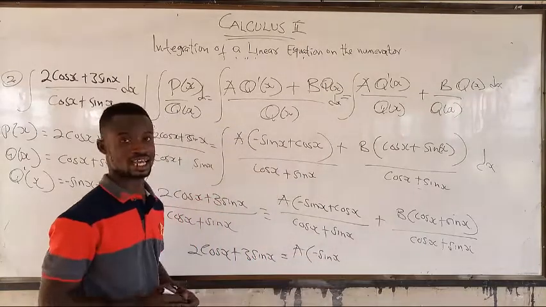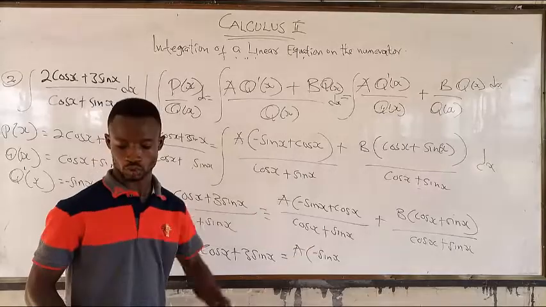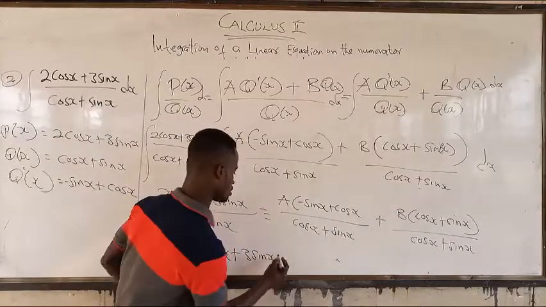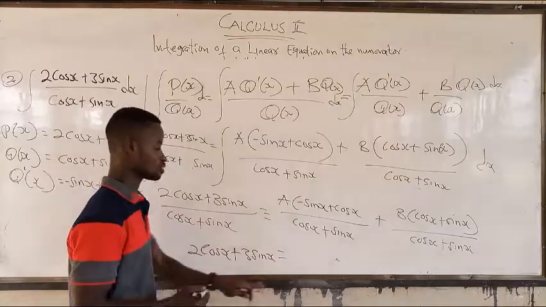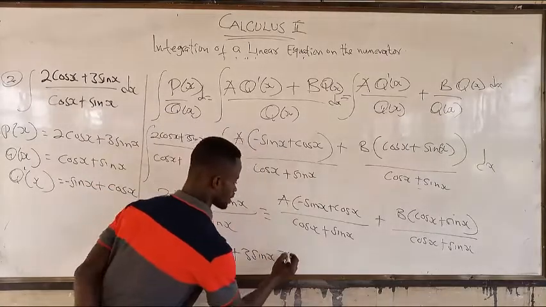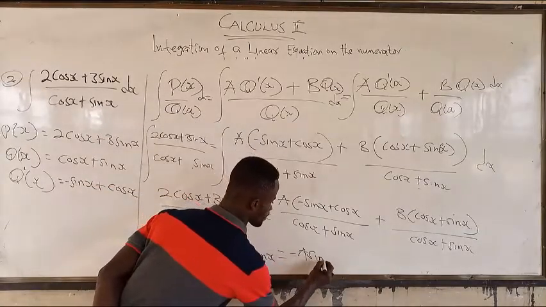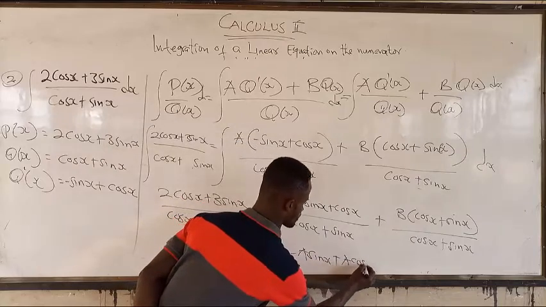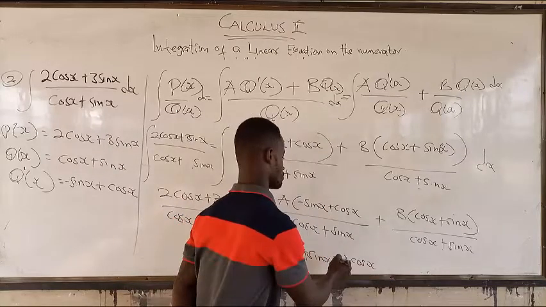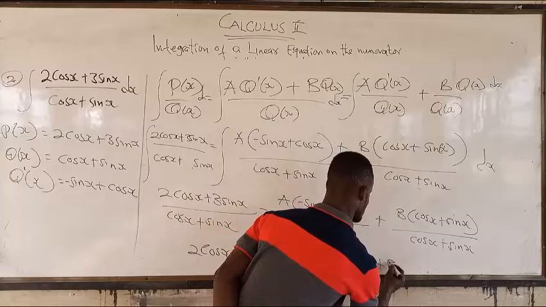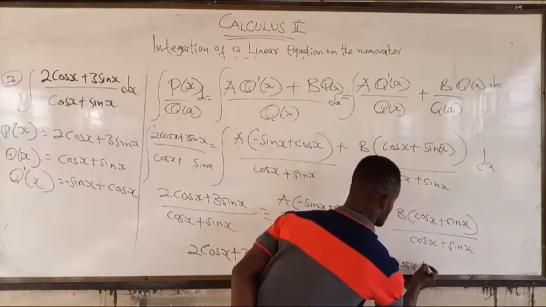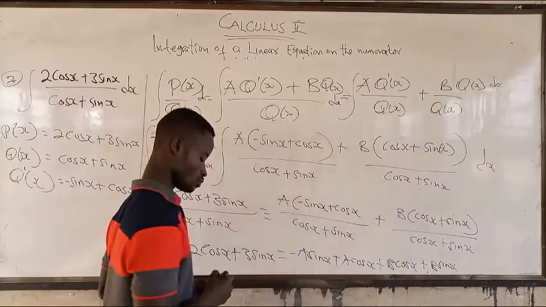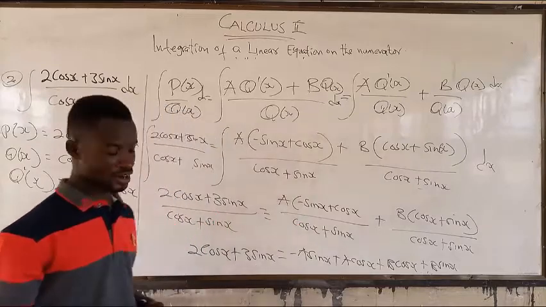And this is going to be equal to. So let's do it. Let's multiply the A through so that we can limit our work down. So here we get negative A. Very good.